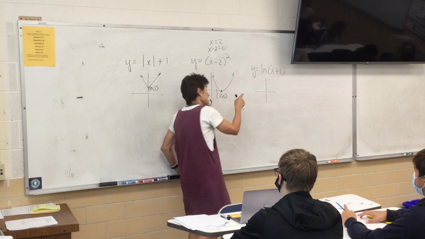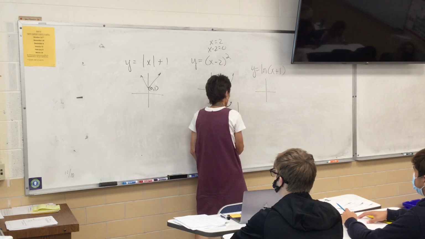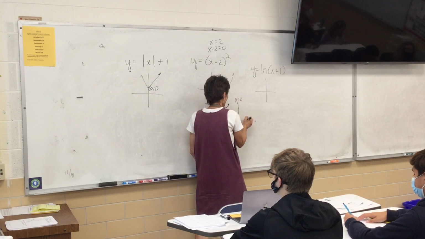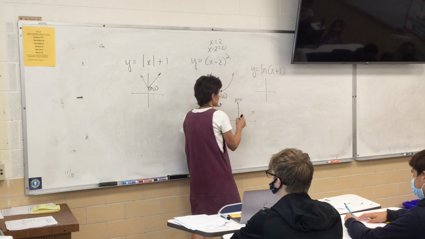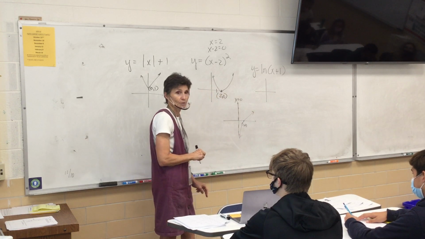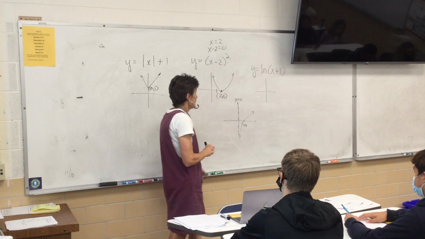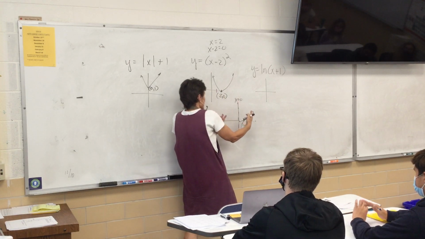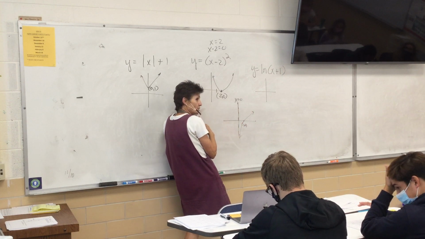Now this equation or picture is a little more complicated. This one has an asymptote at 0 and an intercept at 1. That's what your logarithmic curve looks like. The entire picture, everything has been moved 1 unit to the left.